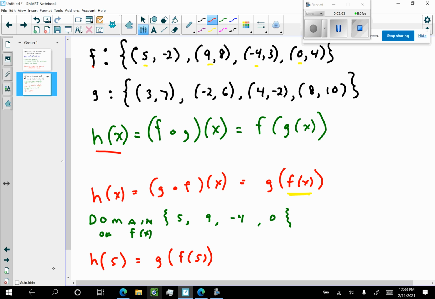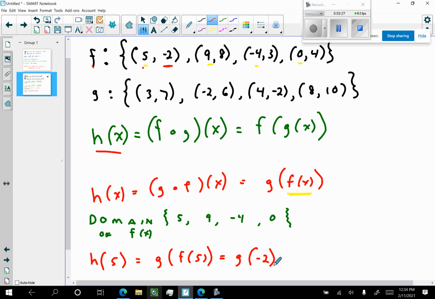No. Okay, check this out. If I have an input, the domain of f, if I have an input of 5, the output is -2. So f of 5 is -2. So h of 5 is going to be g of f of 5, or g of -2.